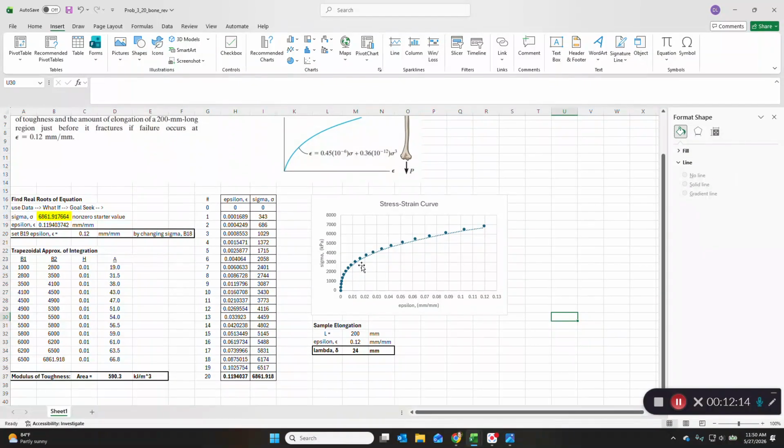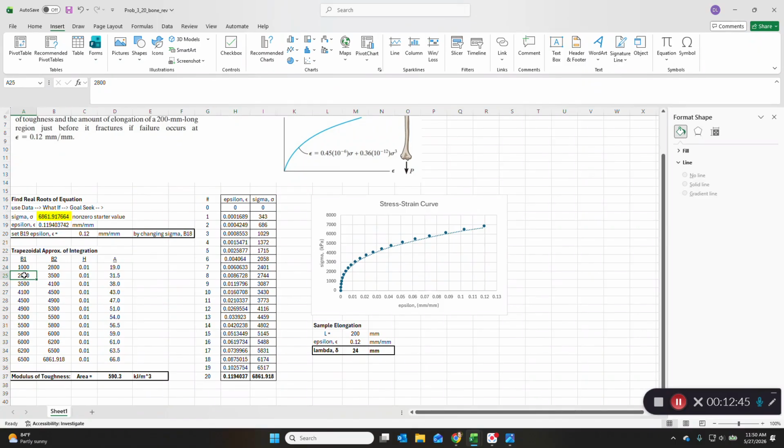I've got 1, 2, 3, 4, 5, 6, 7, 8, 9, 10, 11, 12 trapezoids, each with a base, or a height, I should say, of 0.01 millimeters per millimeter. That's the bottom of the trapezoid. The base 1 and base 2 are going to vary, and the first base 1 looks like it's at about, I'm using estimation here, 1,000, and the first base 2 is about 2,800. You can see what I'm doing here.